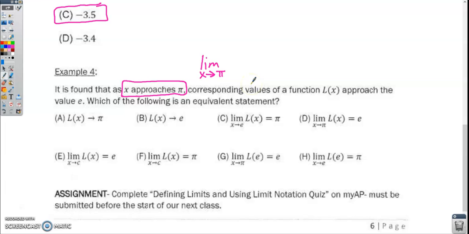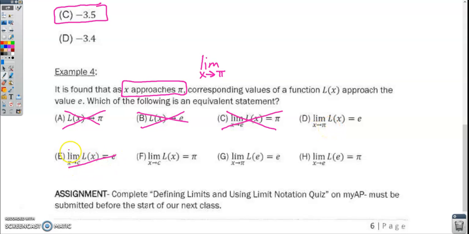So that enables me to eliminate a bunch of these. I can eliminate this one, L of x gets closer to pi. That's not even a valid notation, nor is the notation in part B. In part C, we're finding the limit as x approaches e, so that's not what we're looking for. D is a limit as x approaches pi, so that might be our answer.